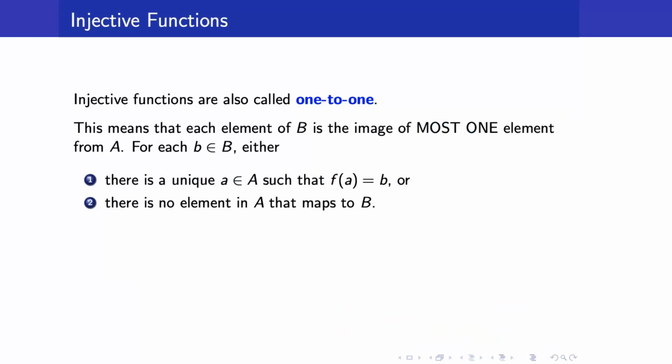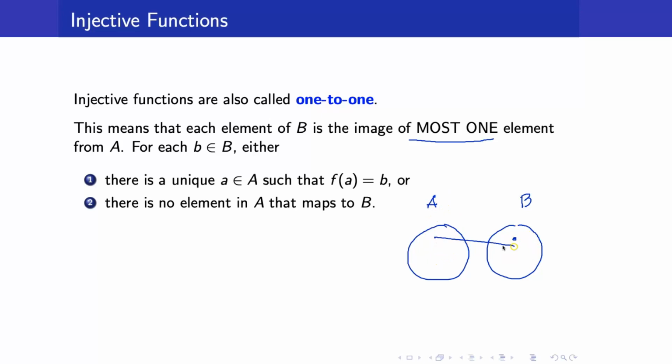Injective functions are also called one-to-one. And again, this means that each element in the codomain is the image of at most one. Take note that we have at most one because this is still open to the possibility of having an element in B which does not go to an element in A. Correct?